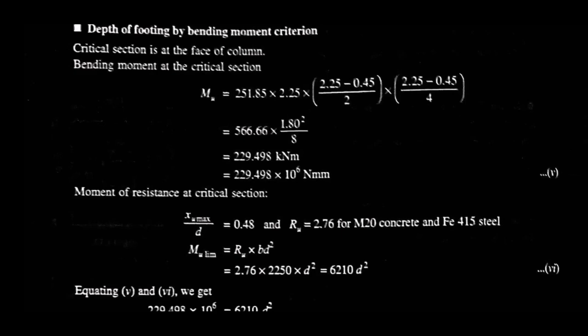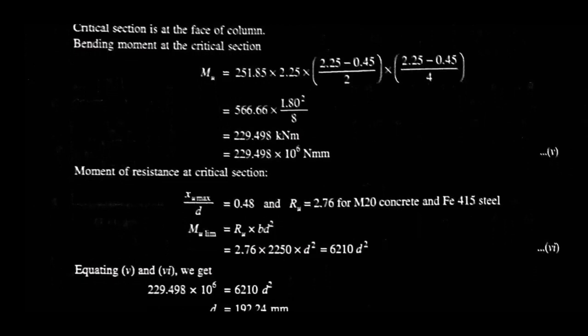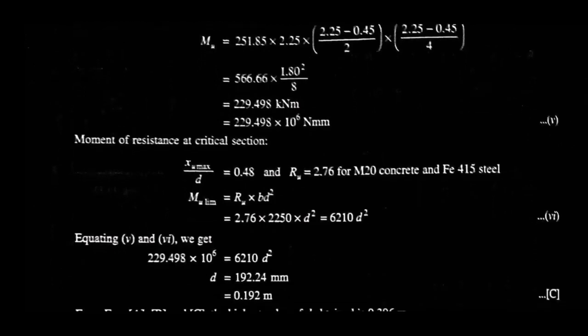So Mu limit is equal to Ru into B into d square, that is equal to 2.76 into 2250 into d square, that is equal to 6210 d square. So this is equation 6. Now we have to equate equation 5 and equation 6.